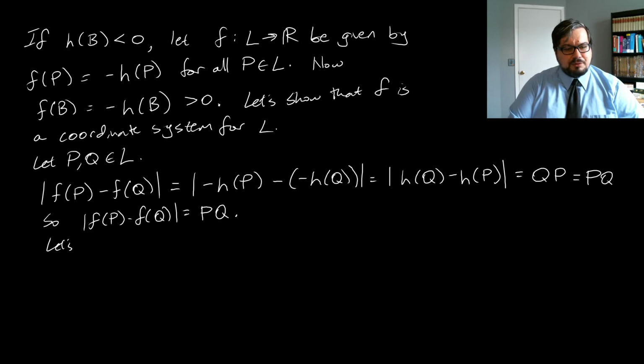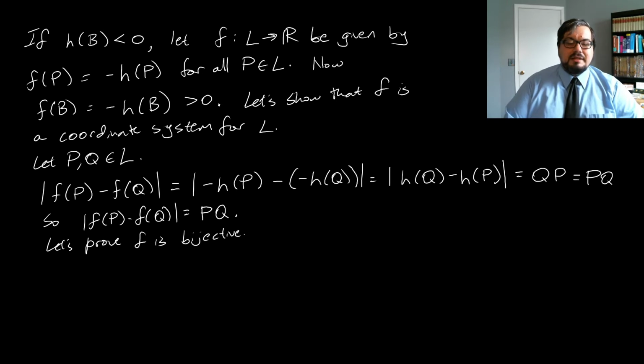So now let's prove f is bijective. To prove that f is bijective means we have to prove that it's injective and it's surjective. So, for injective, or one-to-one, we start the following way.